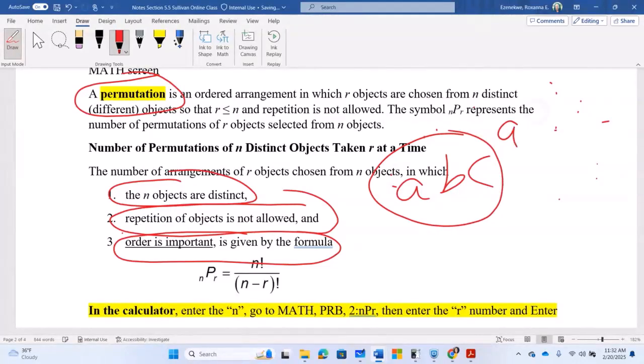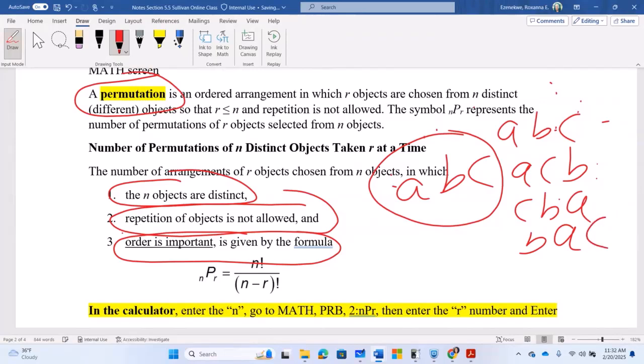So I have A, B, C, and then I can have A, C, B, I can have C, B, A, I can have B, A, C. I can keep on working, but let's see how many of them I can actually have. 3 factorial, so 3 times 2 times 1.